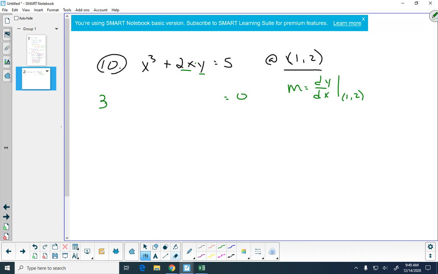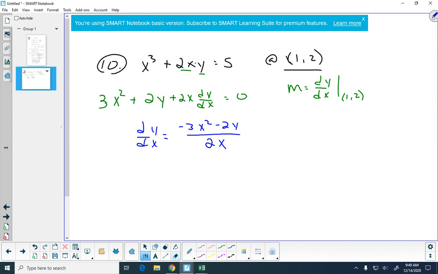Okay, I got 3x squared plus 2y plus 2x dy/dx equals 0. Okay, now what do you get for dy/dx? Minus 3x squared minus 2y over 2x. Okay, that's correct.